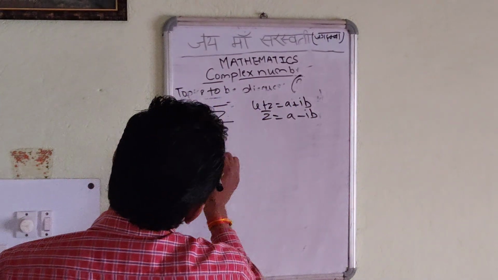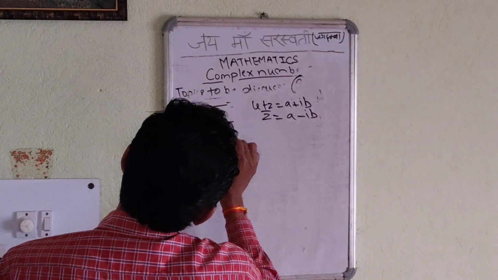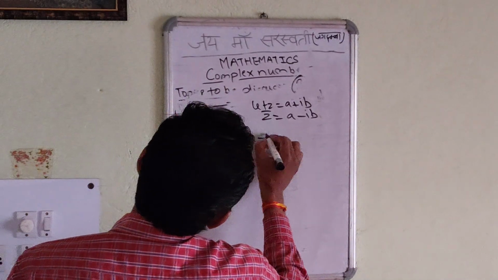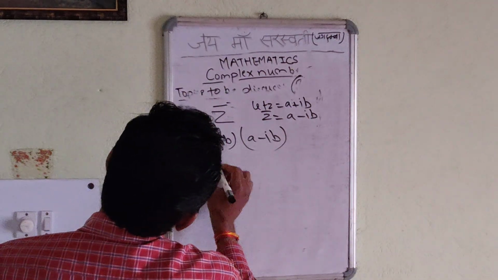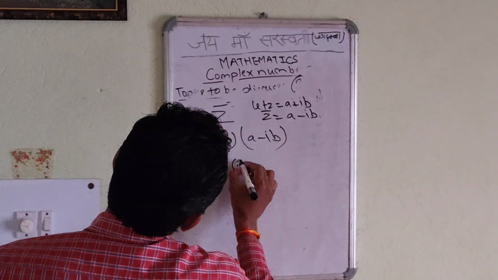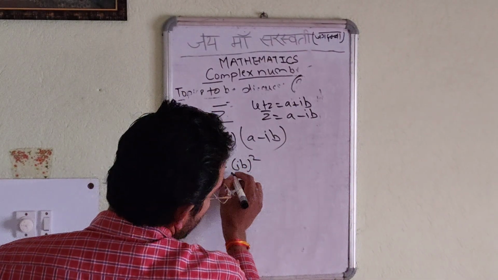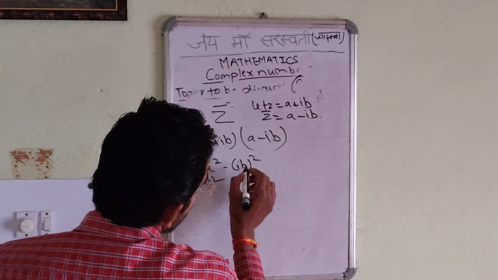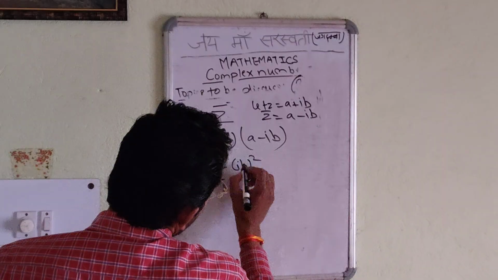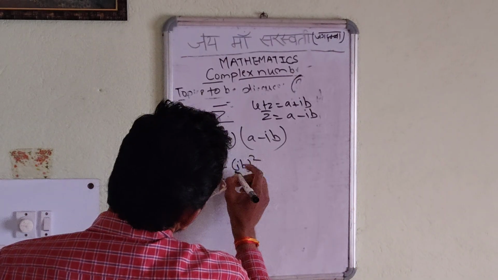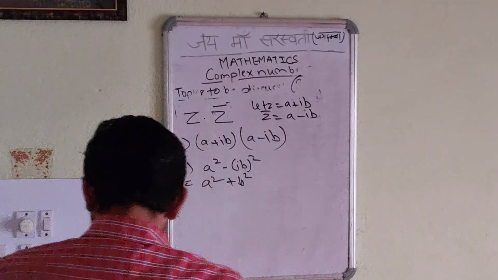Doing the multiplication, a plus ib into a minus ib will be equal to a square minus ib the whole square, which is a square minus i square b square. Minus i square is equal to plus 1, so it is a square plus b square.